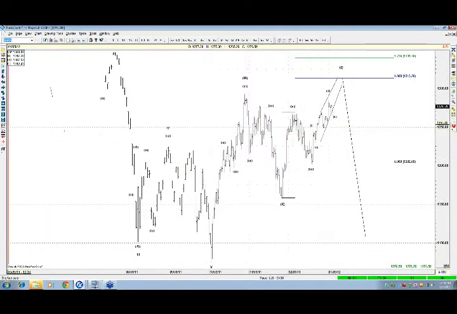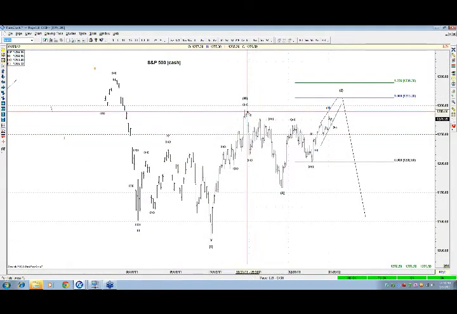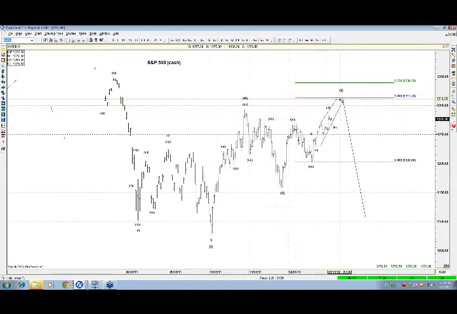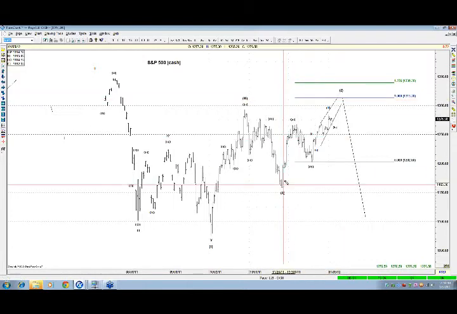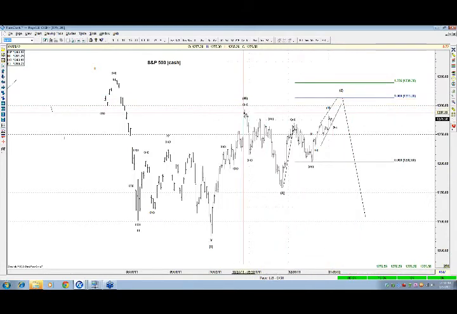This is what I mean. You see, you got the first W here in 3, so you need a 3 to the outside, but the first leg was a 5, so you need around 1313 or about 1292 in order to call this correction over.